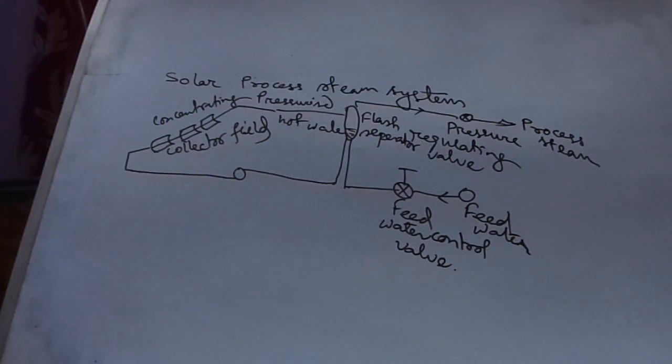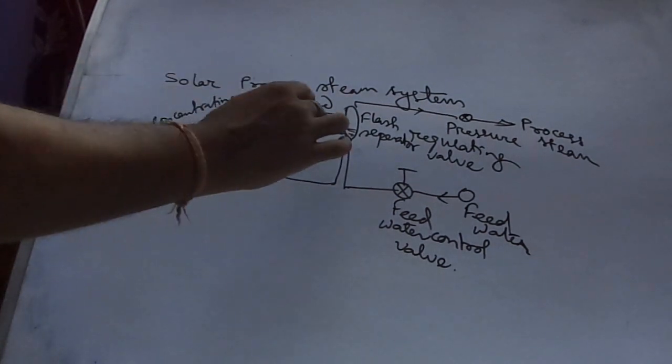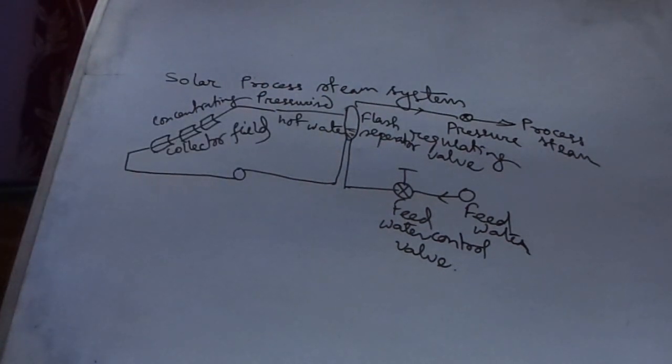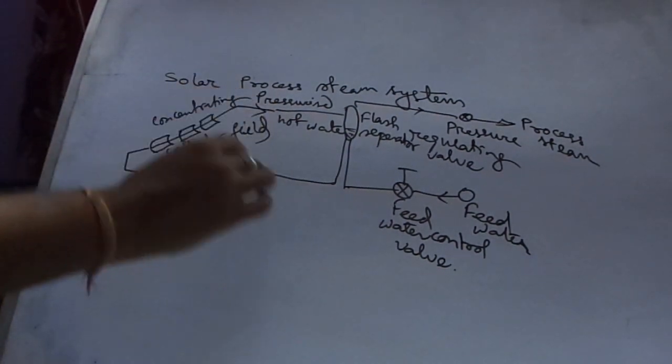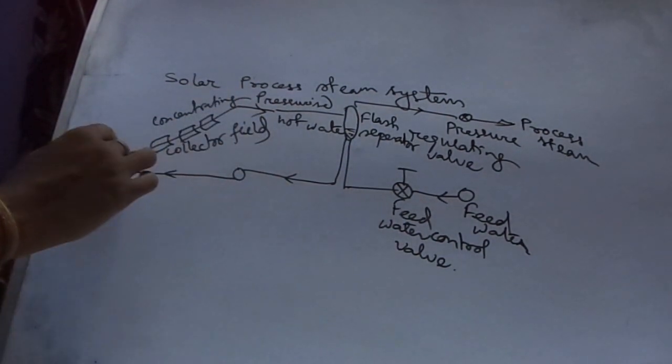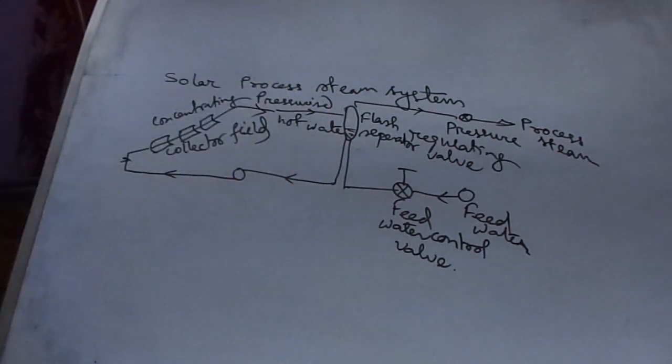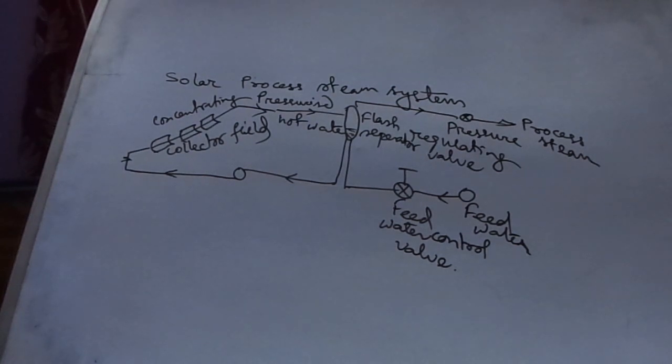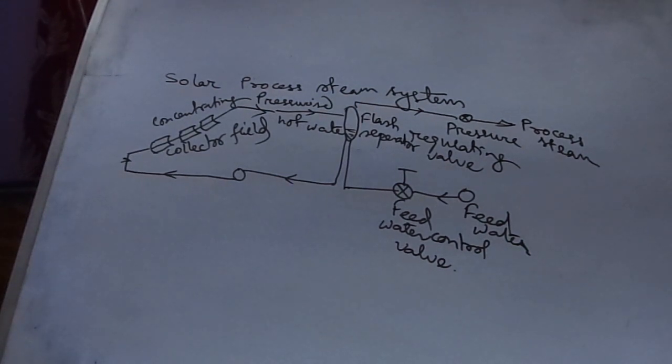Now, this one is the pressurized hot water, and this is the entry line. In the pressurized water system, pressurized water is circulated through a concentrating collector to prevent boiling.